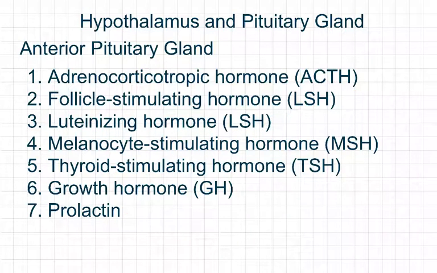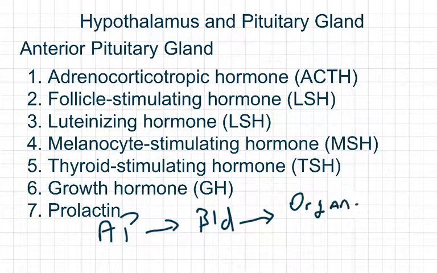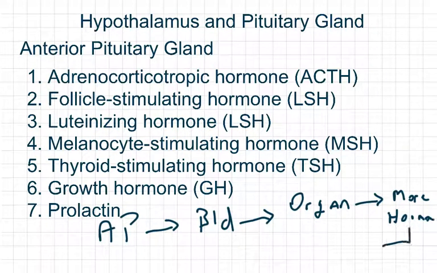The way that most of the anterior pituitary gland hormones work is the anterior pituitary gland releases them into the bloodstream, and then they act on the effector organ to release more hormone to eventually get to the target effect. And so let's work through an example of this, particularly with the thyroid stimulating hormone.